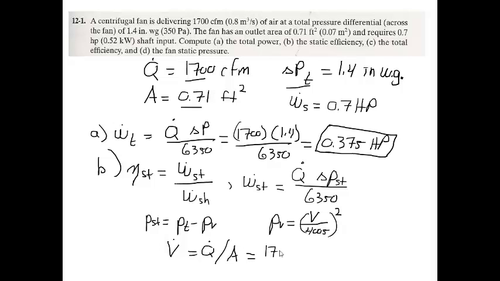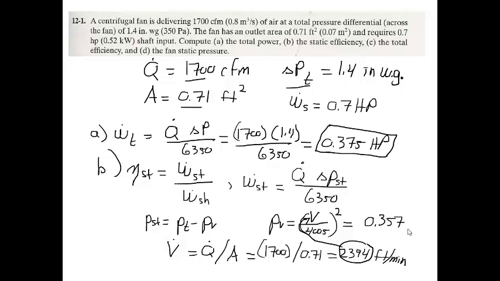So 1700 CFM divided by my area 0.71 square feet, I should get that my fluid velocity is about 2400 feet per minute. I plug that into my velocity pressure, and I should end up with a velocity pressure of 0.357 inches of water.